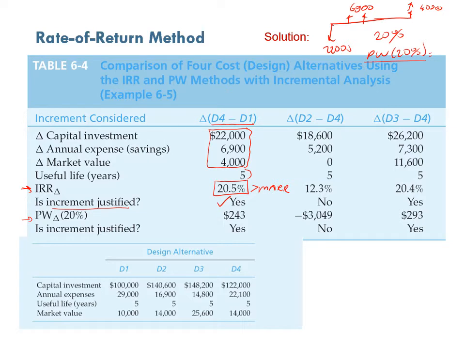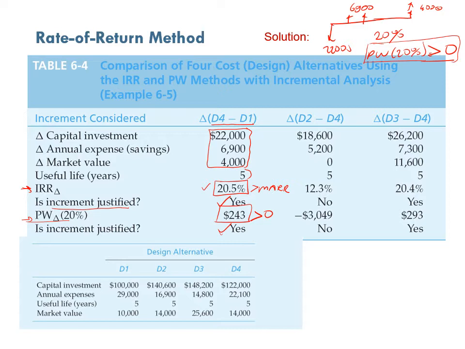And when you do it, we see that it is positive. Since present worth is greater than 0, we say that the increment is justified. So by using IRR, since this 20.5 is greater than MAR, we said that yes, it is justified. In the present worth method, we find that the present worth is greater than 0, so we say that the increment is justified. Now our new base project is D4.